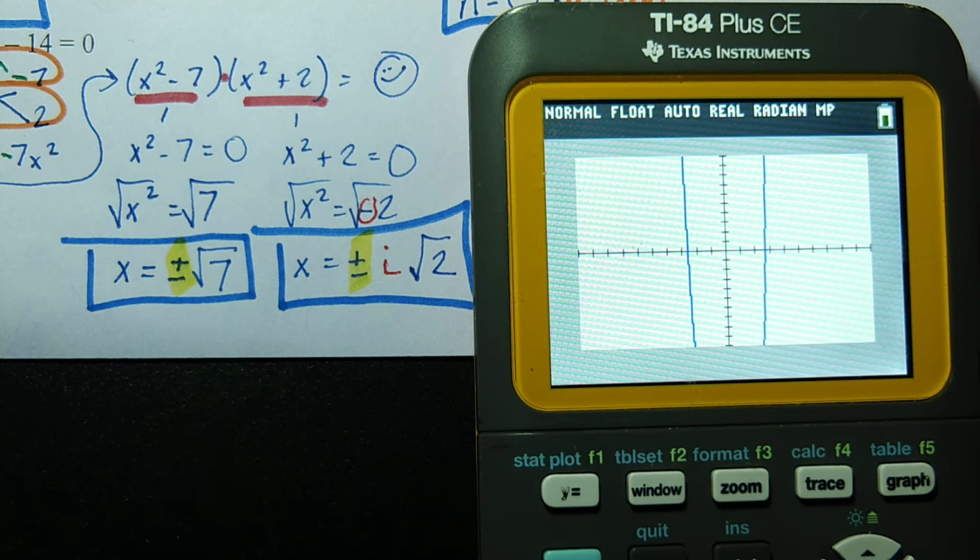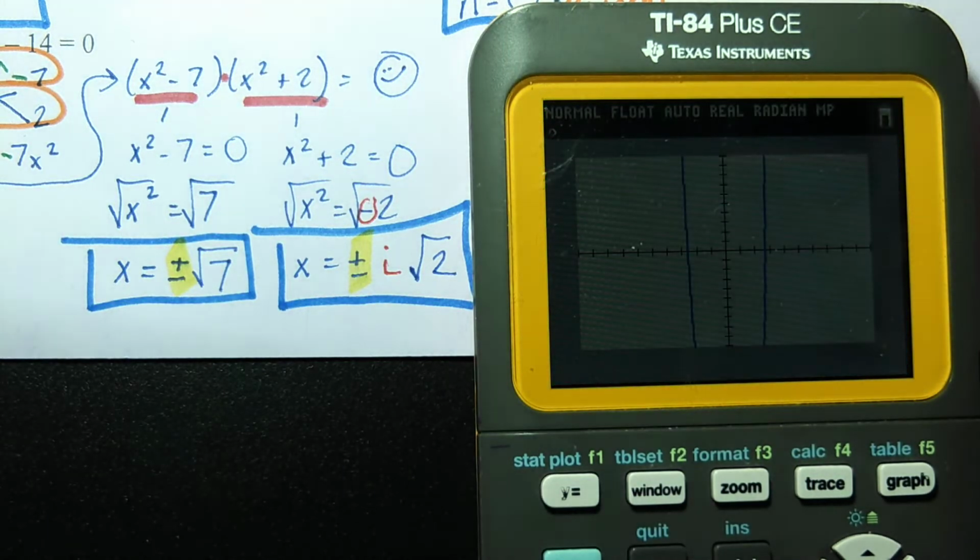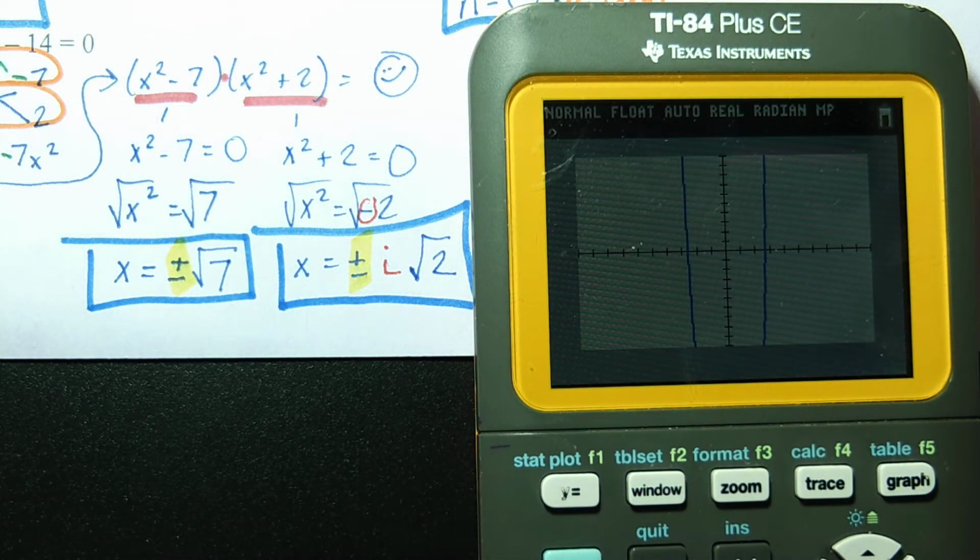Anybody's calculator not showing it? It's in between 2 and 3. Spoiler alert. Shut up, Carson. How do you type in that one? Hold up, how do you do this?